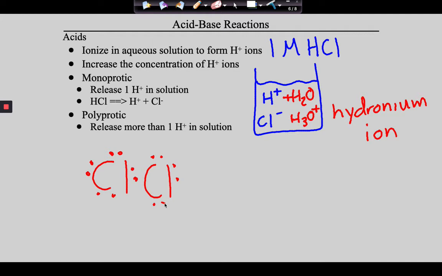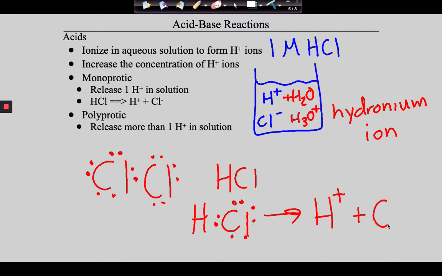But now watch this. This is hydrochloric acid. If we draw the Lewis dot structure for this, here's our chlorine, and then hydrogen ion is bonded there. When this breaks apart, hydrogen ion loses its electron, donating that electron to the chlorine.